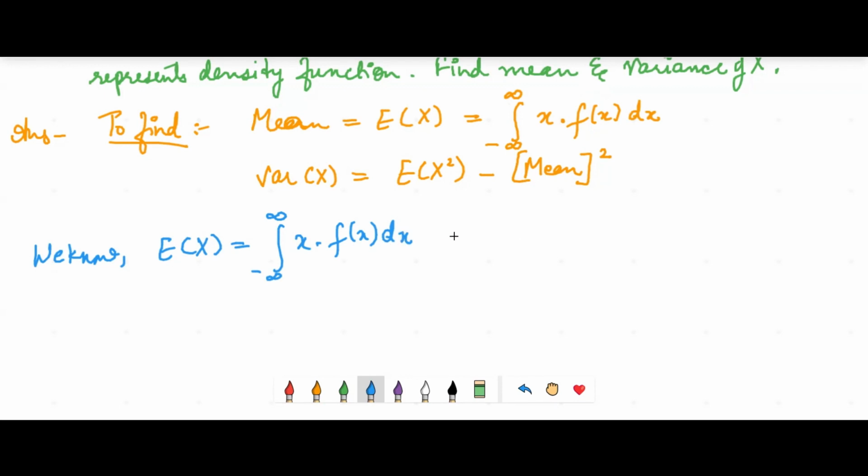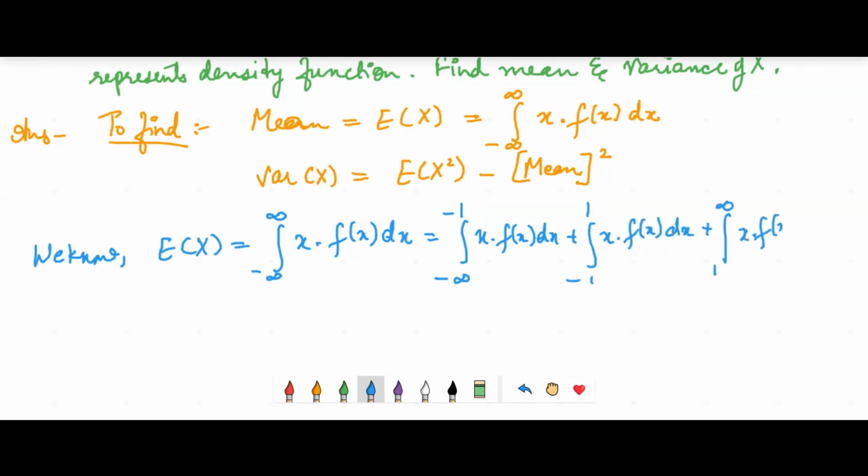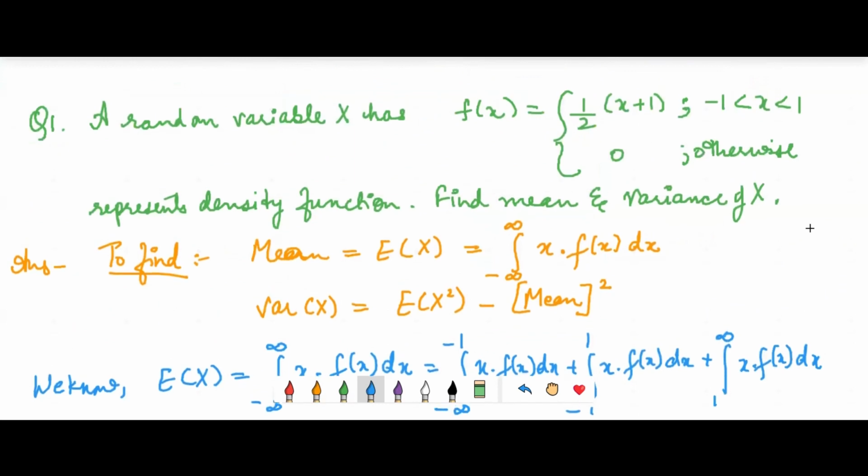So here we'll be splitting it from minus infinity to -1, -1 to 1, and from 1 to infinity. Now, how to decide what would be the intervals? It is given in the question. According to the question only, you will be deciding it.